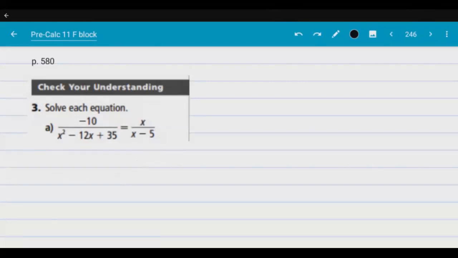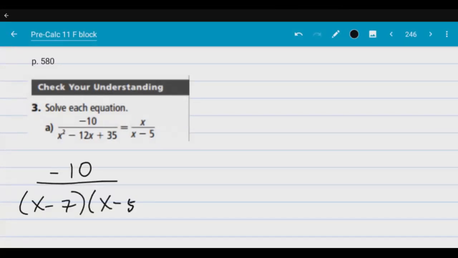And this is what I mean. So I will factor this out. That would be negative 10 over x minus 7, x minus 5, equals x over x minus 5.